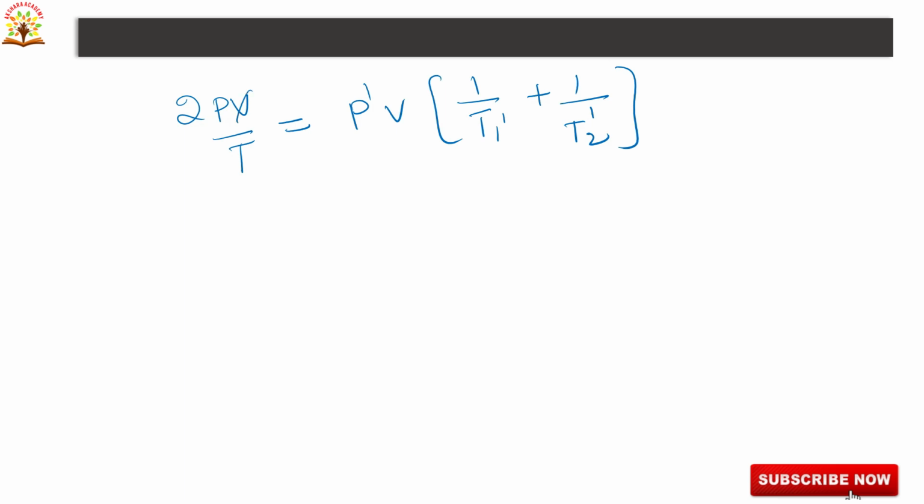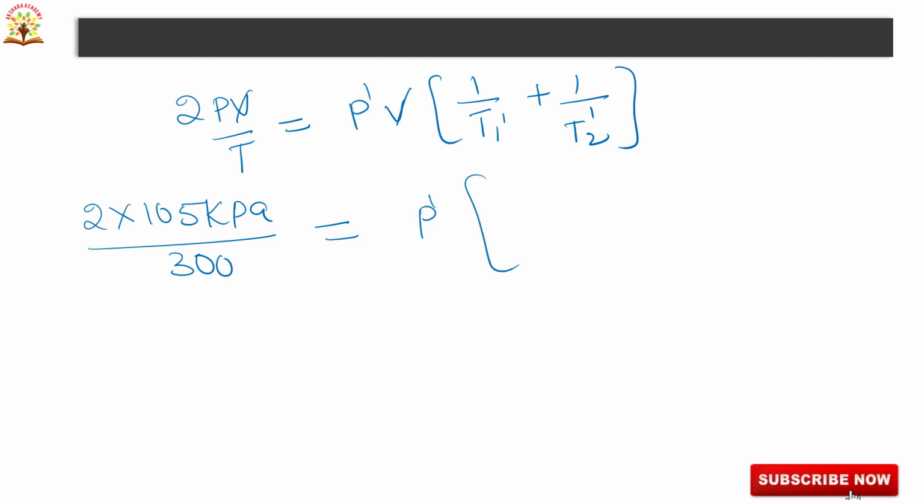Here V gets cancelled and now substituting the values, they gave 105 kilopascals by temperature 300 Kelvin, that is equal to P dash of T1 dash and T2 dash, they gave as T1 dash 300 Kelvin and T2 dash 400 Kelvin. Okay, now substituting here 2 into 105 kilopascals, we are taking LCM.